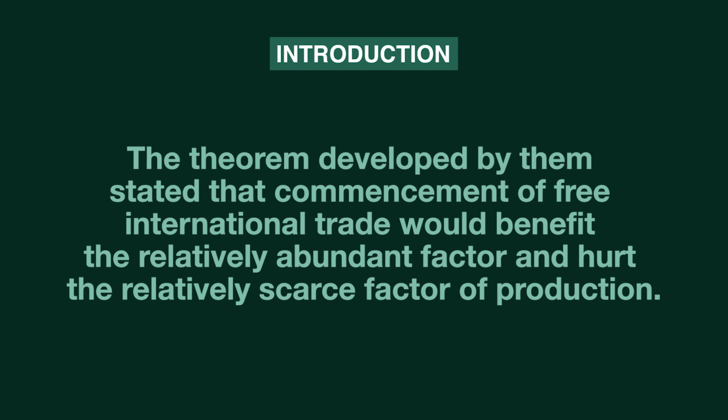The Stolper-Samuelson theorem points out that with the commencement of free international trade, the relatively abundant factor, whose price goes up, will benefit, and the scarce factor, whose price goes down in relative terms, will suffer.